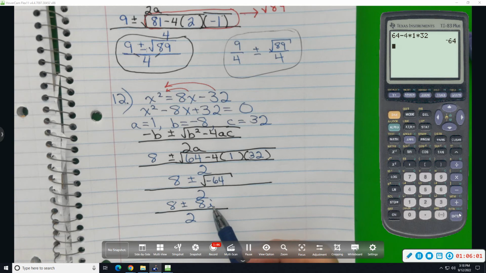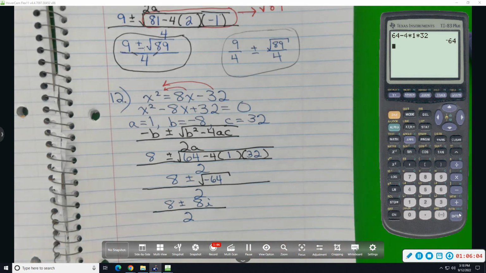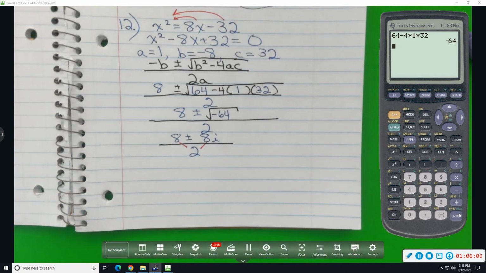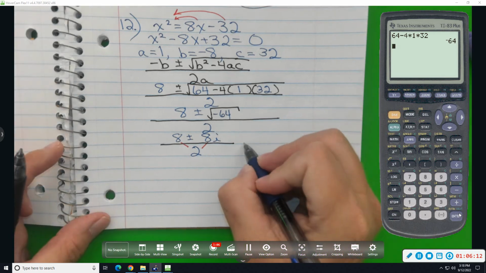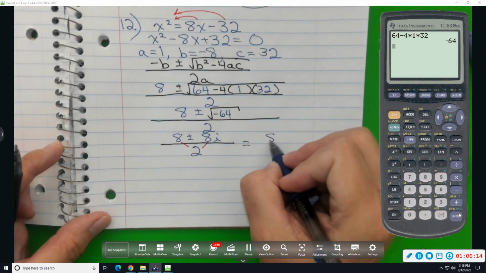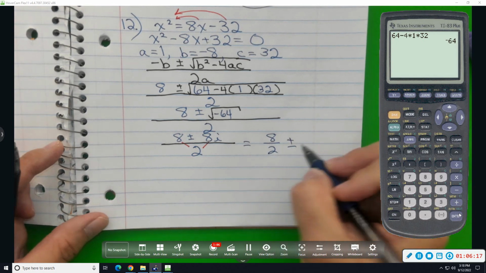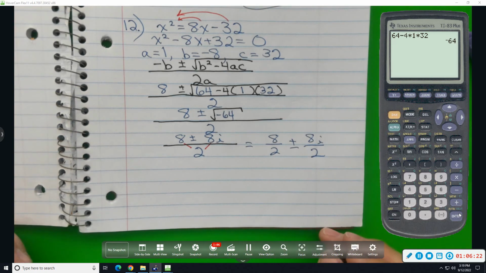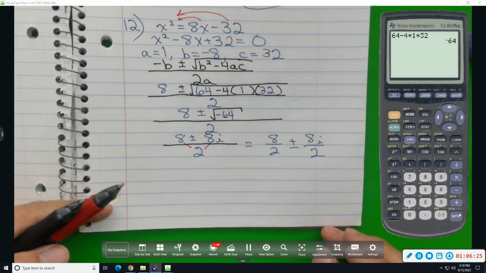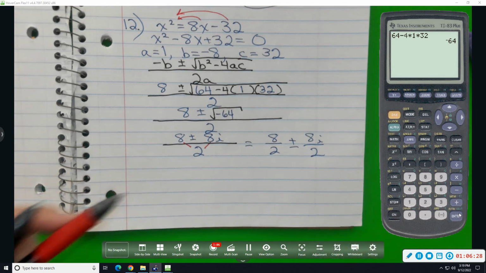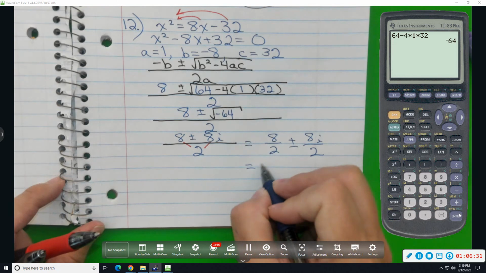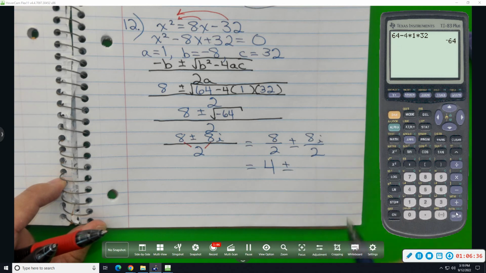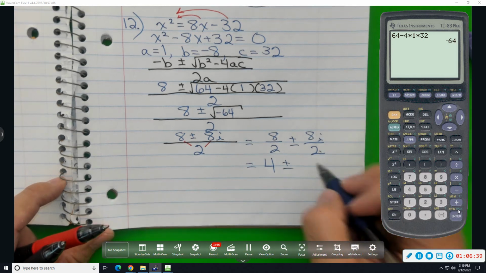Oh, there's an i on top of the fraction, so we're going to split up there. So we have 8 over 2 plus or minus 8i over 2. 8 divided by 2 is 4 plus or minus 4i.